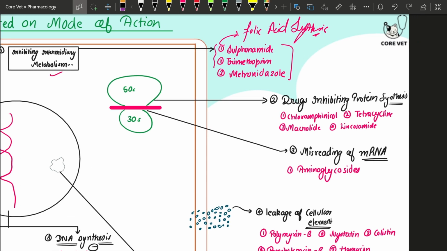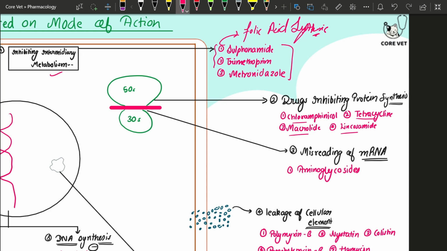Now, there are certain drugs that inhibit protein synthesis by acting on the ribosomal complex, the 50S and 30S ribosomal complexes that are formed. Some examples are chloramphenicol, tetracycline, macrolides, and lincosamides.